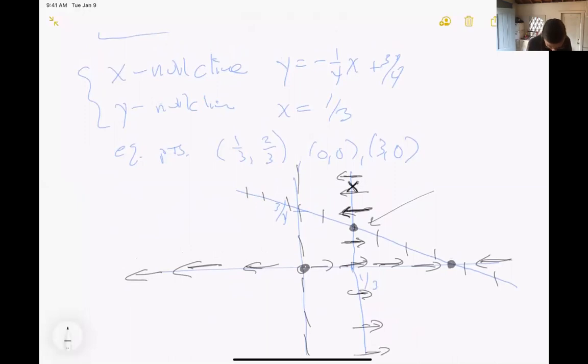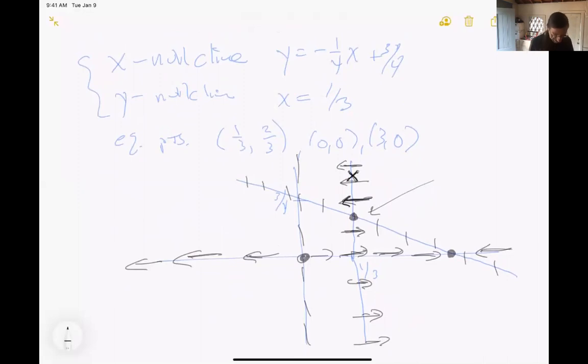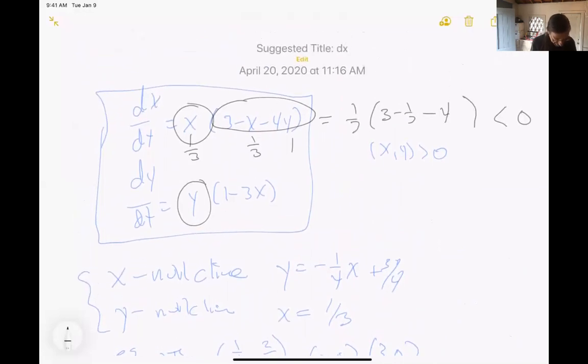And let's see, we still have some ones we don't know. Let's check on the y-axis. Let's just check at some point on the y-axis, like up here at 0, 1, when x is 0 and y is 1. Let's plug those into the original equation. If x is 0, that's all 0.